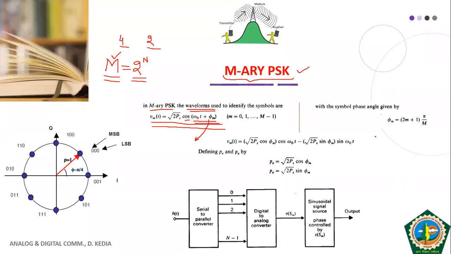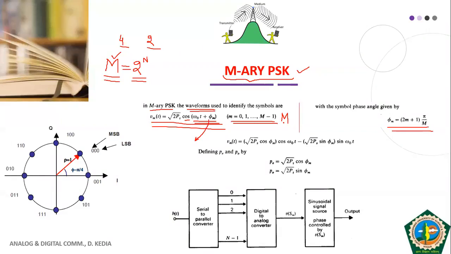This phi m can be represented as (2m plus 1) into pi by M, where small m varies from 0 to capital M minus 1, so there are capital M number of symbols.